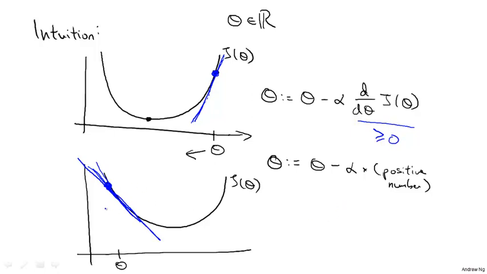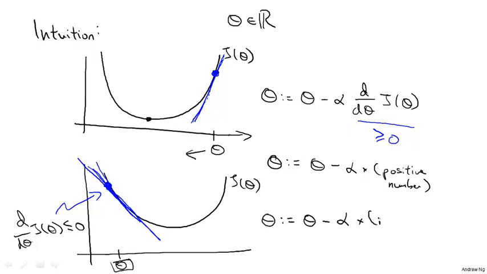So at this point d/d theta of J of theta is going to be negative, and with theta initialized over here, theta gets updated as theta minus alpha times some negative number. Alpha times a negative number is a positive number, so you're adding some positive number to theta and increasing theta, moving theta further to the right, and hopefully towards the minimum over here.